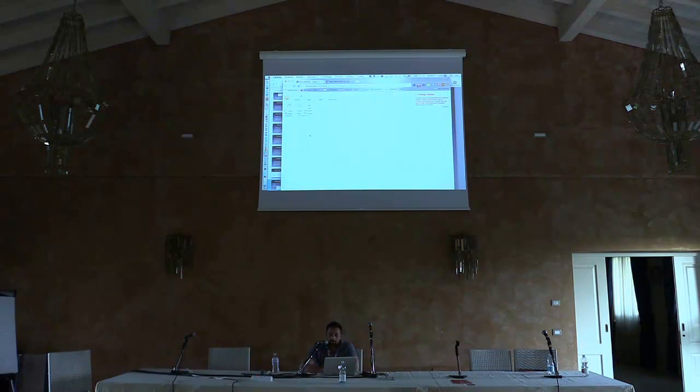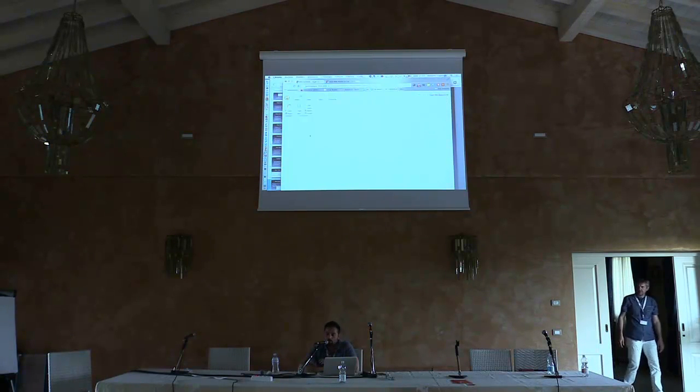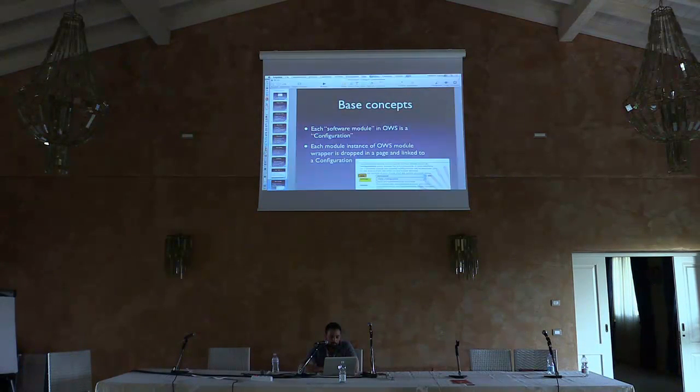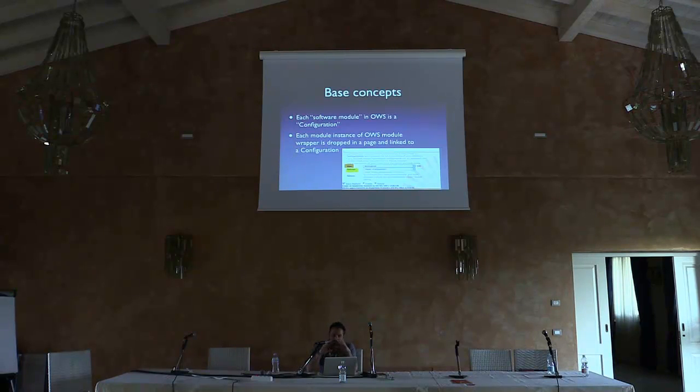This is the OpenWeb Studio interface you can use to easily create a new module. Some basic concepts before I continue. Each entity, a software module in OWS, is named a configuration.